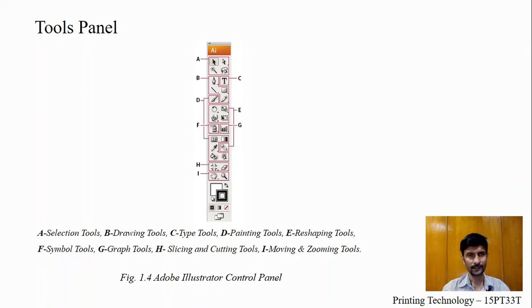The tools panel consists of a total of 9 parts. The parts are mentioned alphabetically. In part A, we have the selection tools, used to select the objects whatever we have created, move them and make some corrections.